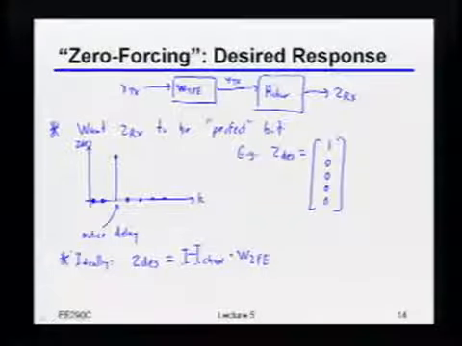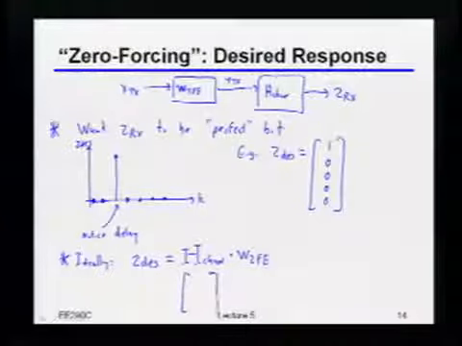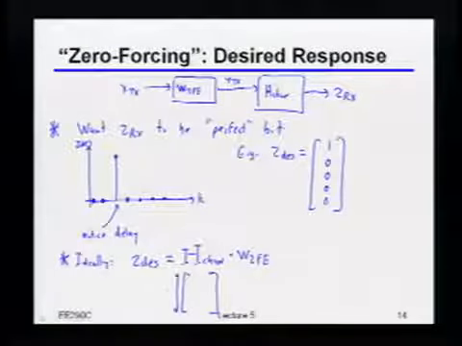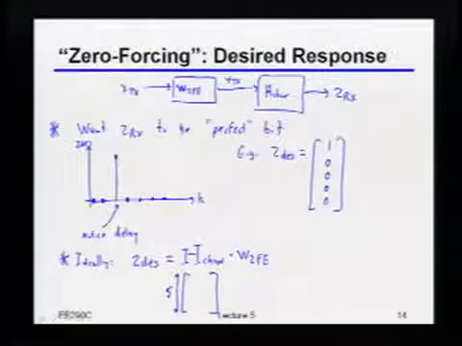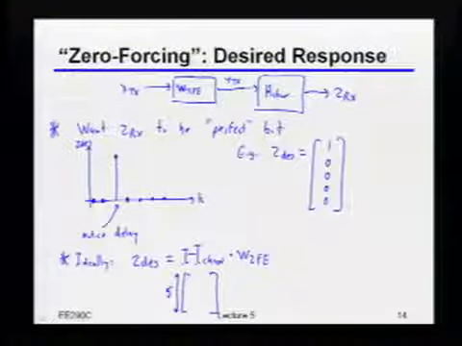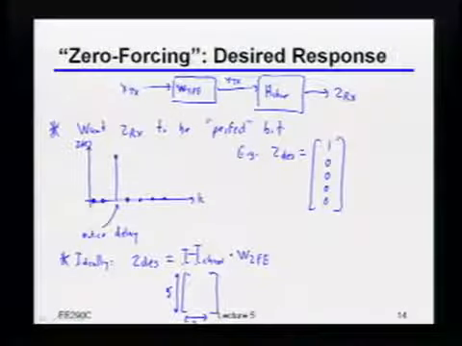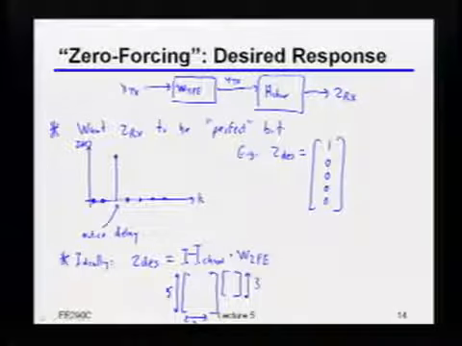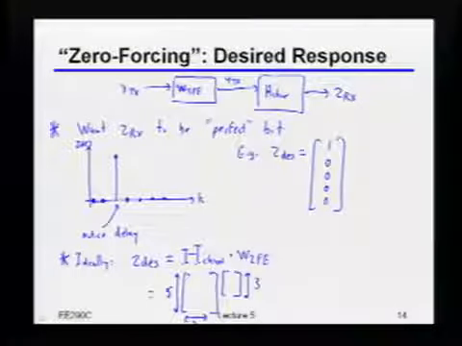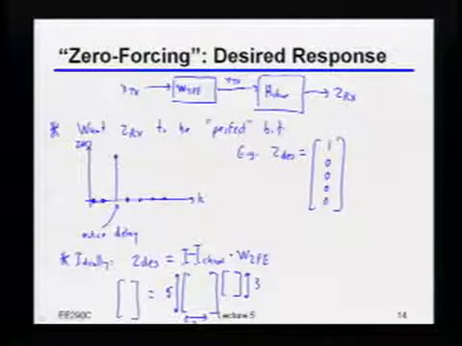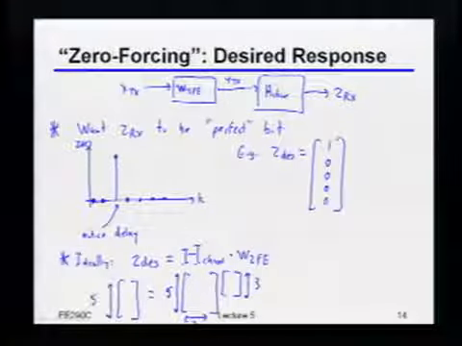The way to see that is, remember that H channel there has 5 rows and 3 columns. And similarly, that WZFE only has 3 rows. And what we're basically saying is that we want that to be equal to something with 5 rows.